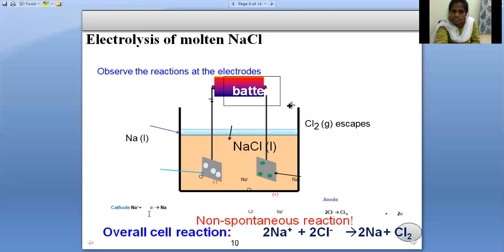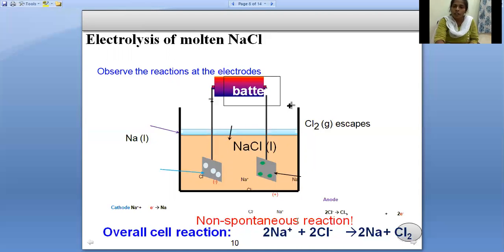But in Na+, there is a 1 electron deficiency. So these electrons are transferred to Na+ to produce Na. How many electrons are released at the anode? 2 electrons. The same 2 electrons are transferred to Na+. So 2 Na+ plus 2 electrons gives 2 Na. That is the reaction at the cathode.